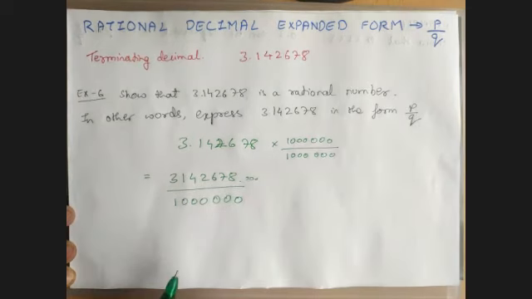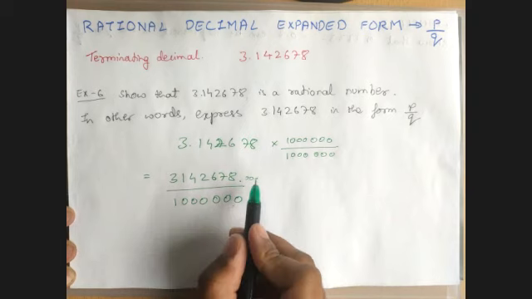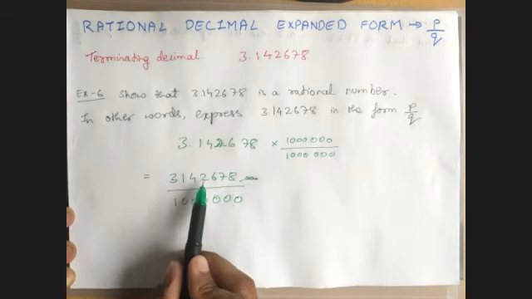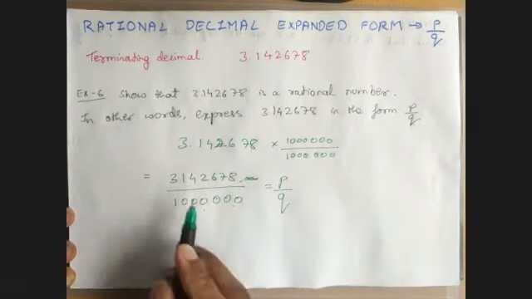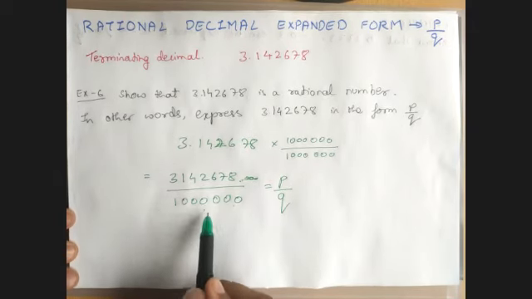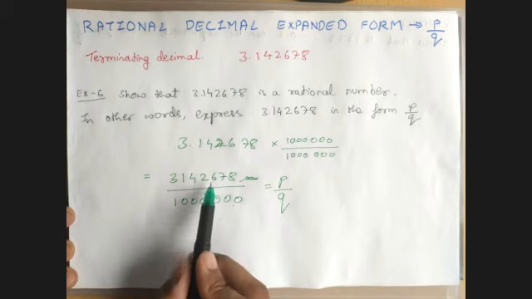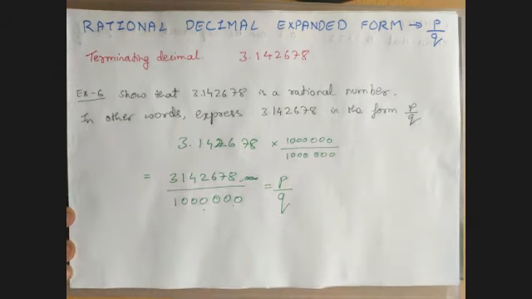So this number divided by this. When I neglect the decimal point because it is 0, it is this by this. This is in the form of P by Q. Therefore, I can say this is a rational number and it can be expressed in the form of P by Q. When I divide this and simplify this, I get a more simplified version.